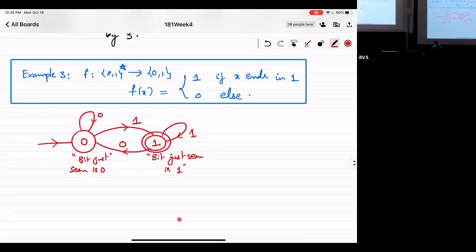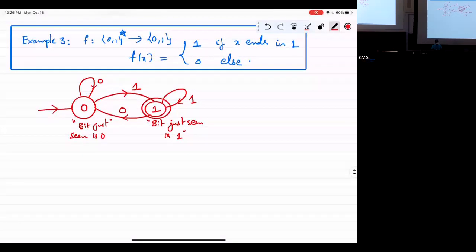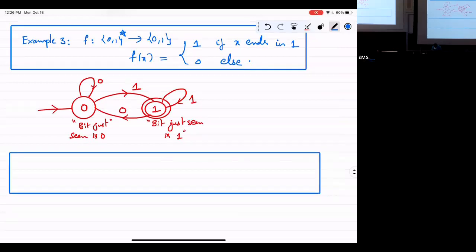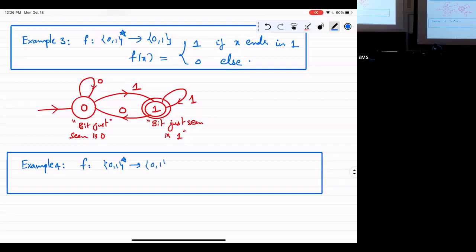Okay? Any questions about this? All right. Now, maybe let me do a small change to this function. What if instead of computing the function as above, I flip it?